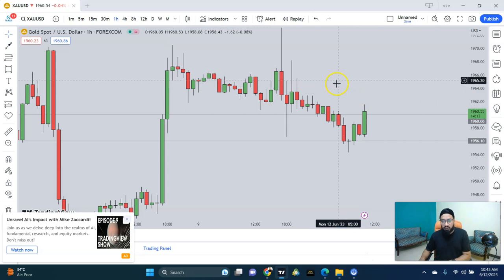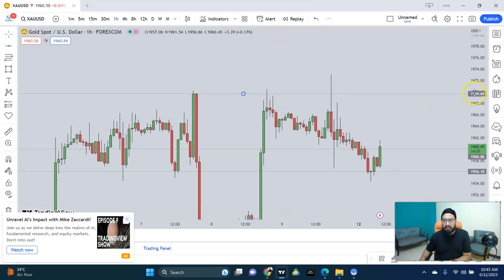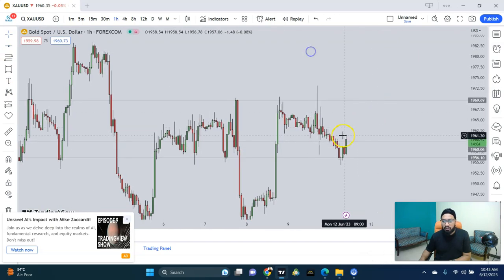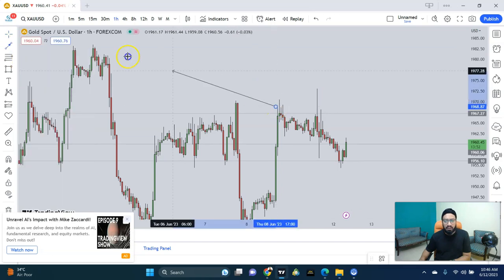So if we have to go for a buy bias, the ideal scenario will be price to move here in this zone. Price closes above this zone, 1967. Candle closes above this zone. Then we can target this area. You can see this area on the left-hand side is clean.